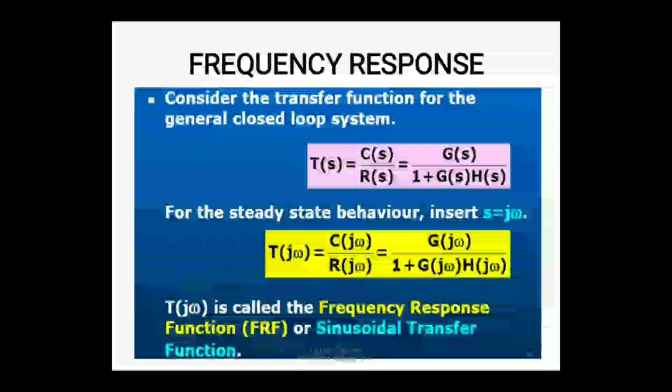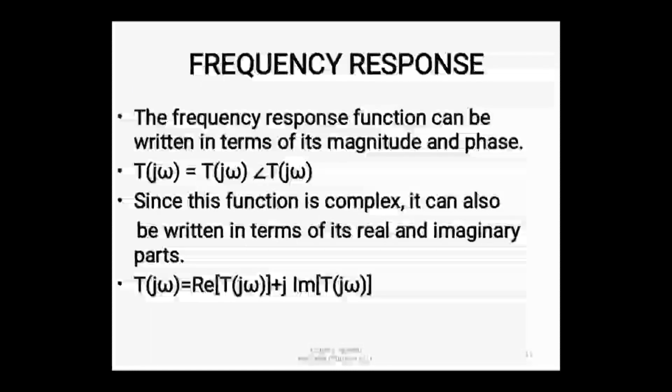In the frequency domain, the same steady state behavior can be written as T(j omega) is equal to C(j omega) divided by R(j omega), which is equal to G(j omega) divided by 1 plus G(j omega) into H(j omega). So, T(j omega) is called the frequency response function or sinusoidal transfer function.